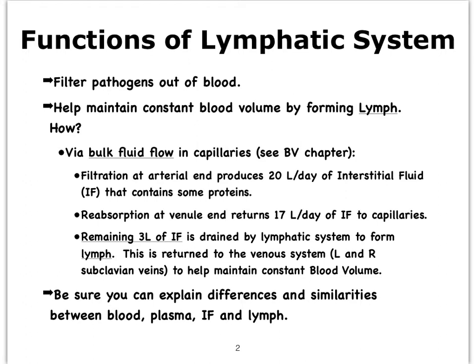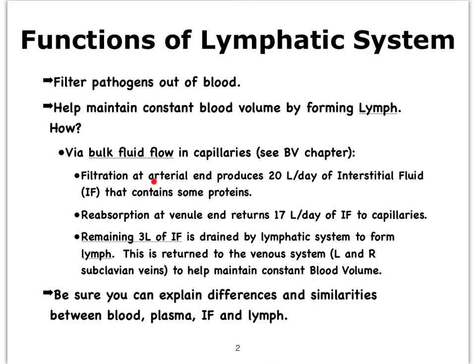But in addition to this, our lymphatic system and the lymph of the lymphatic system plays a very important role in maintaining a constant volume of blood. Recall when we learned about bulk fluid flow in our capillaries, where at the arterial end, the pressure of our blood was higher than at the venous end.